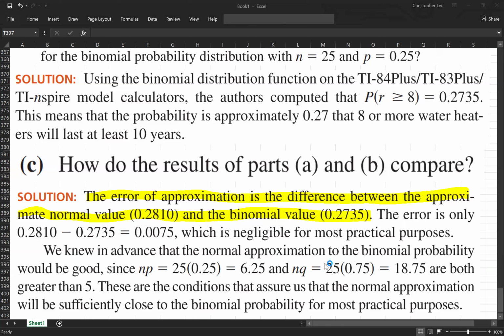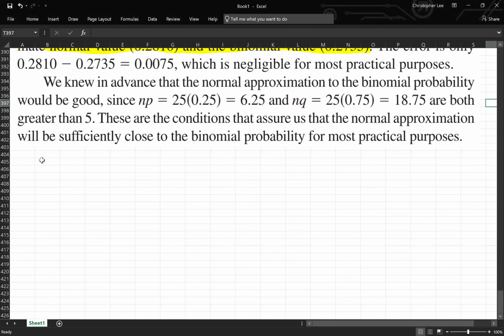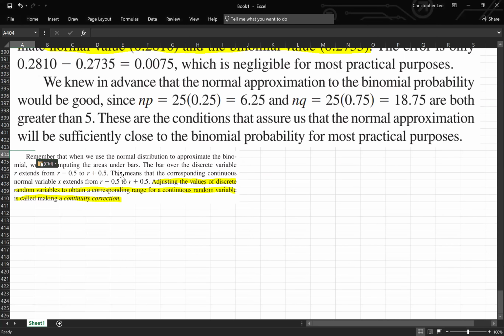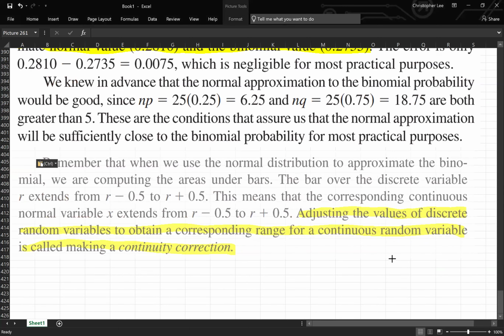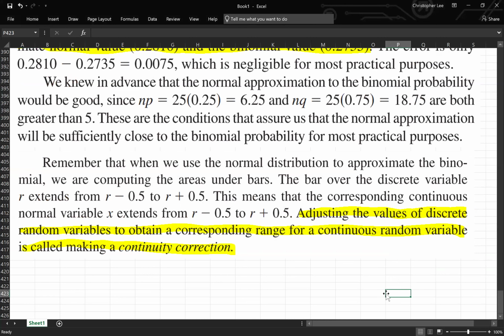But let's talk about something that we mentioned earlier, something that we kind of hinted at but glazed over. Remember that when we use a normal distribution to approximate the binomial, we are computing the areas under the bars. The bar over the discrete variable r extends from r minus 0.5 to r plus 0.5.